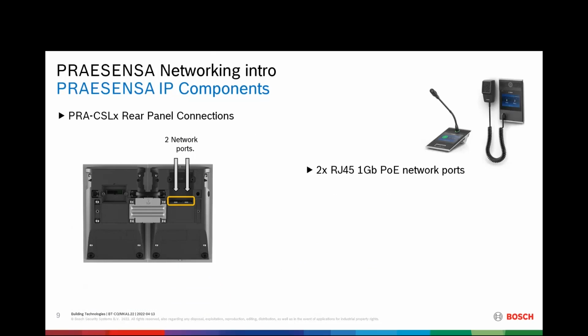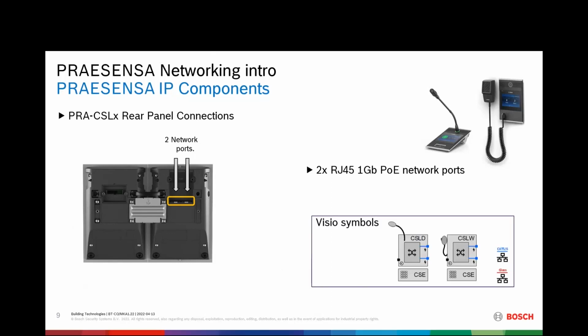These devices have PoE network ports because the call station needs to have PoE from an external source to be powered. So it does not have a separate power inlet. It will be powered by PoE from a PoE power source.